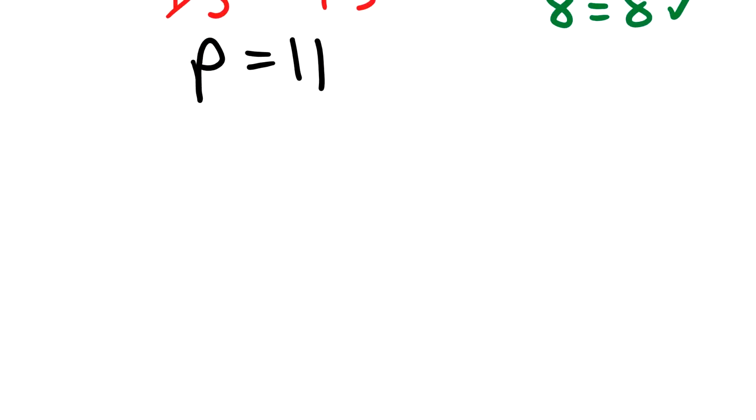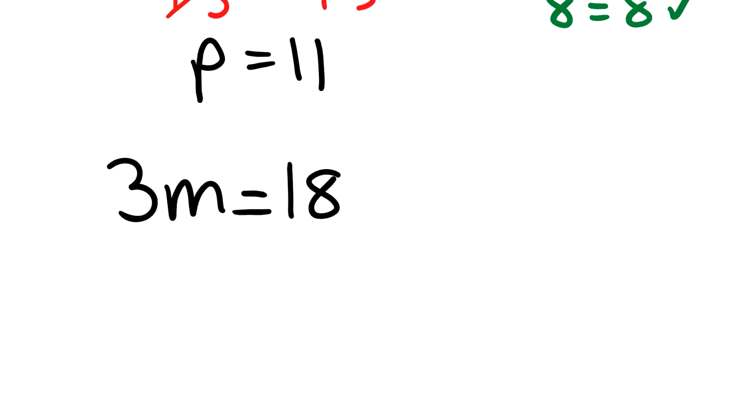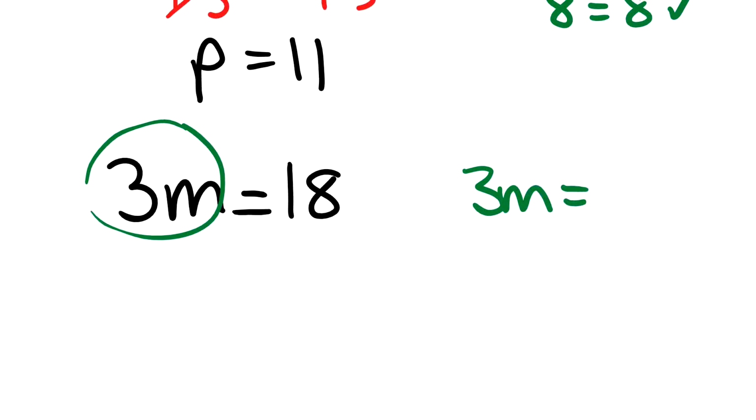Now, we'll look at a different example here. This time we're going to look at 3m equals 18. This is a new concept: 3m, because mathematicians decided we want to be lazy, is the same as having 3 times m.